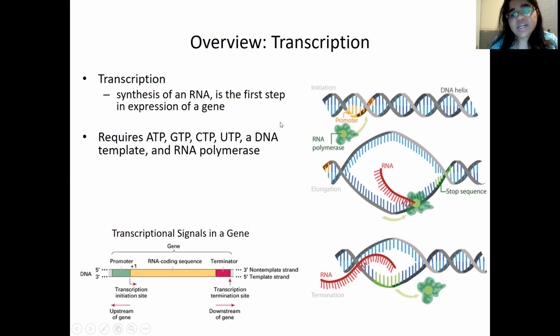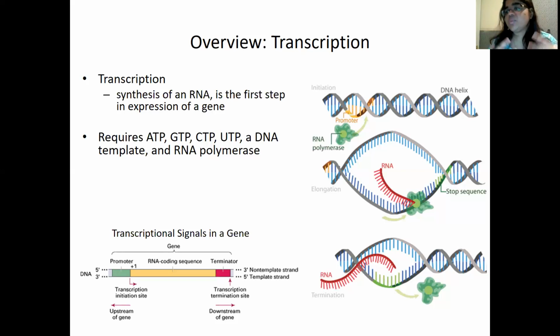You have a DNA template and an RNA polymerase this time instead of a DNA polymerase, because polymerase, the word itself, is an enzyme that adds polymers, right? So to make polymers going on. In this case, we have RNA polymerase.